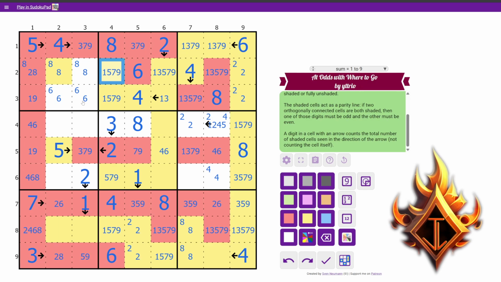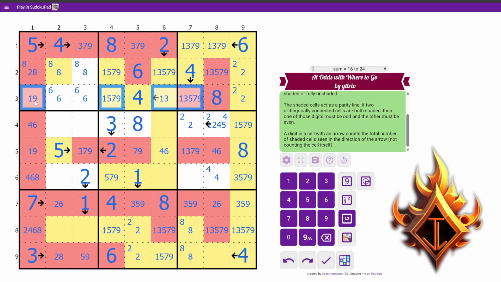So can the three of those, this would be even, and this would be odd. But I think that would be fine. 1, 2, 3, 4.